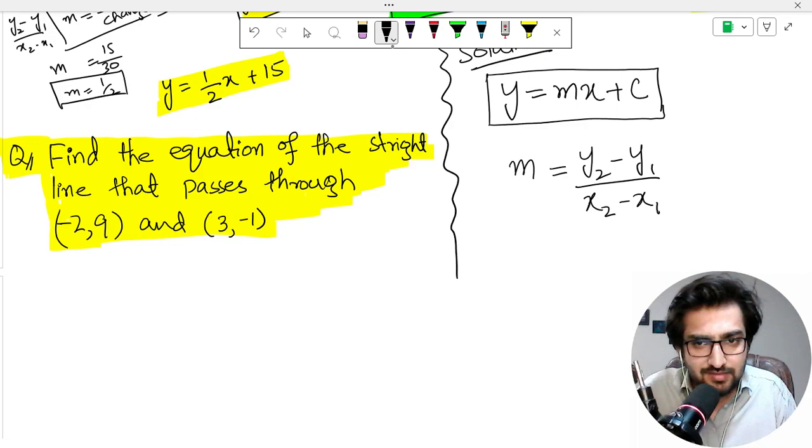So let me call this x2, that is y2, x1, y1. So put values.